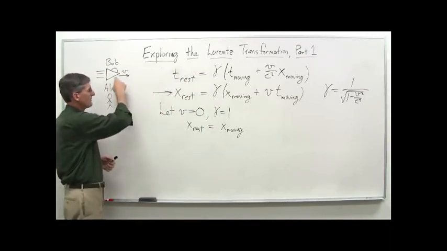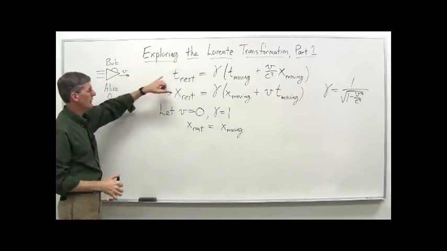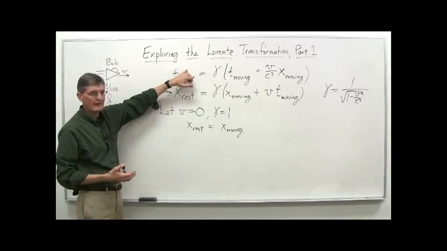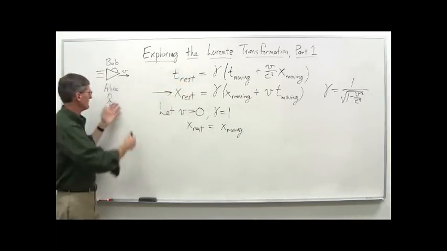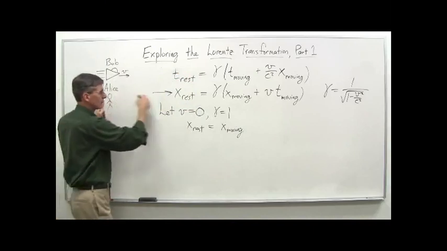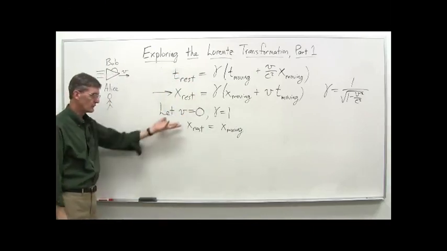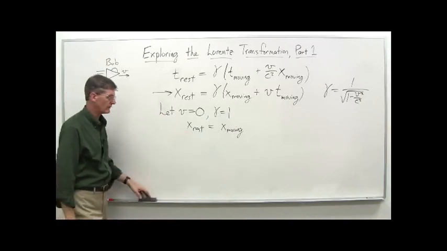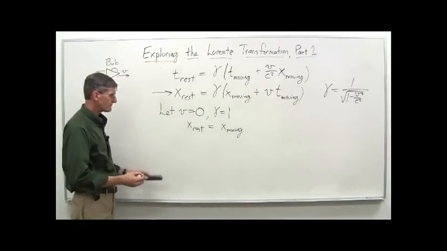So if Bob says, in his moving frame, I see something at x moving equal to 23.8, well, since they're stationary with respect to each other, Alice would also see that on her system as 23.8. That's what this is telling us, and we hope we get this answer, otherwise something went wrong along the way. So that's one simple check we can do.